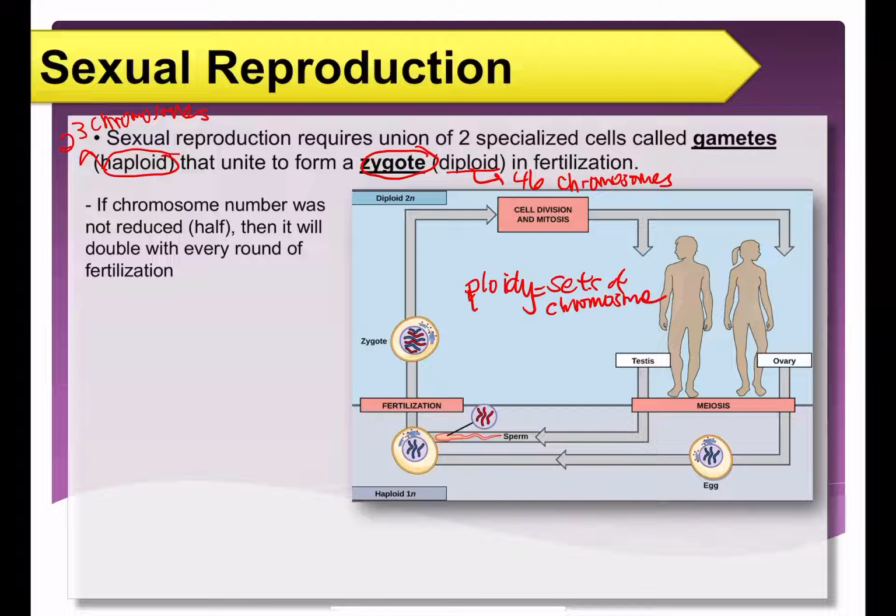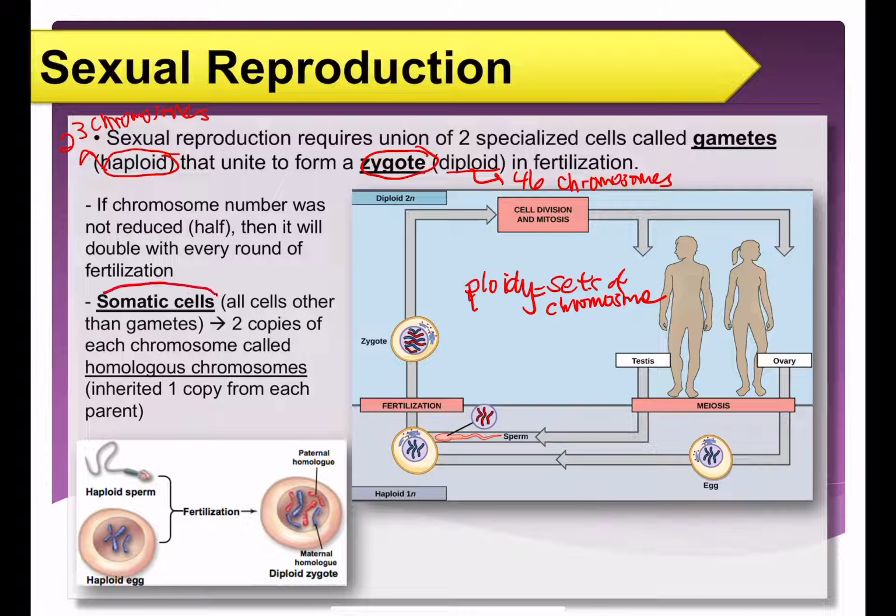All other cells that are not gametes are considered somatic cells, which should have 2 sets of chromosomes, okay? 1 set from mother and 1 set from father. They are called homologous chromosomes, as we discussed in chapter 10. Homologous chromosomes carry the same genes but have different alleles, or versions of the gene.